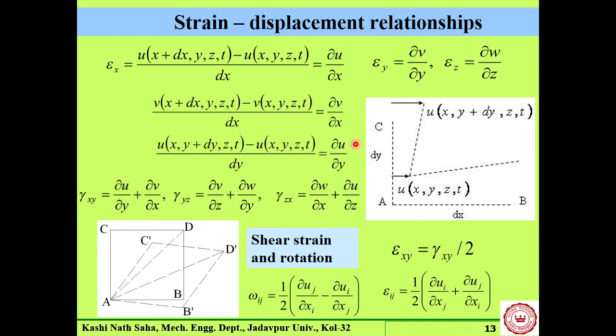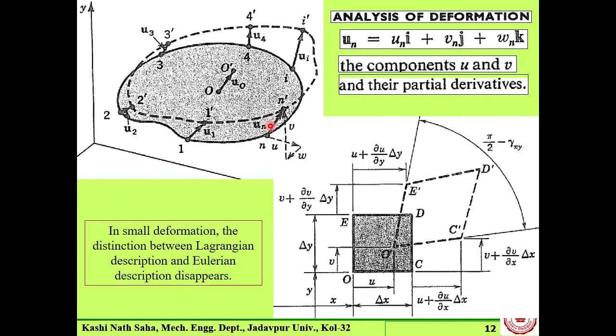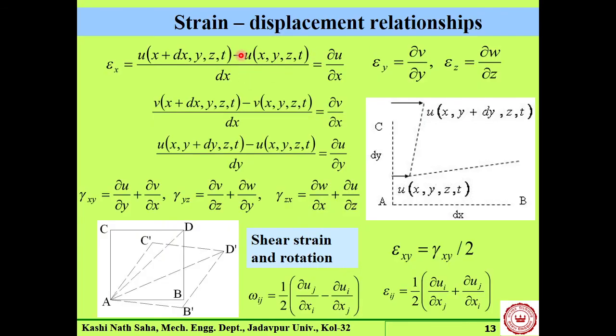And what is shown here is for 3D. What is the meaning of that? The variation of u: del u del x, del u del y, del u del z. For a 3D field, this is what is meant.